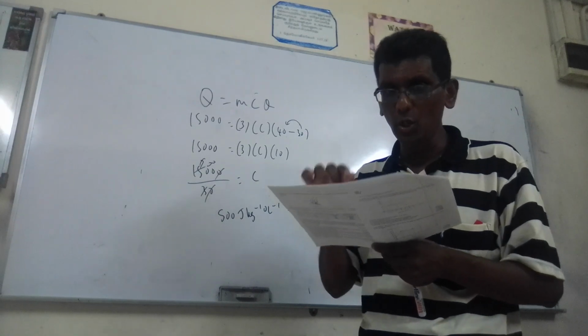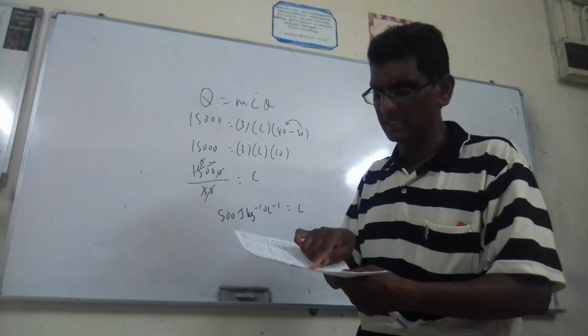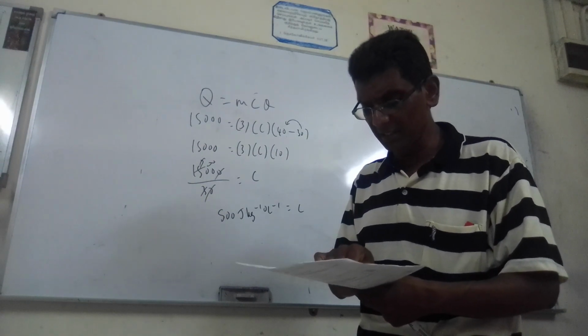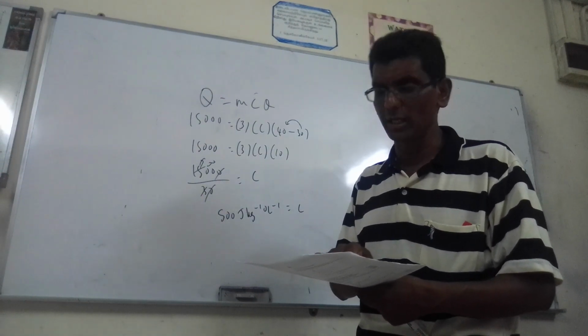Lead has the lowest specific heat capacity, under 30 joule per kilogram per degree Celsius. Aluminium has the highest, 900 joule per kilogram per degree Celsius.